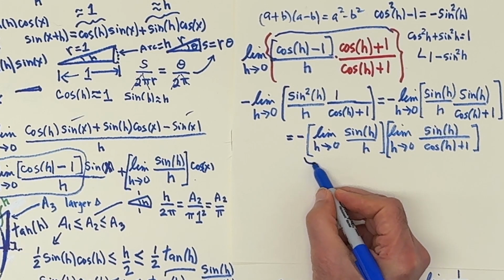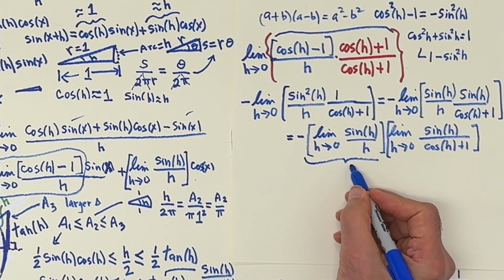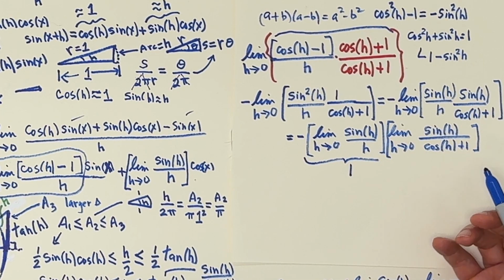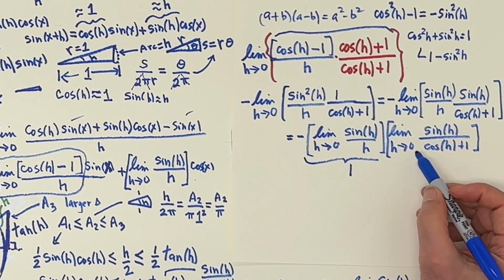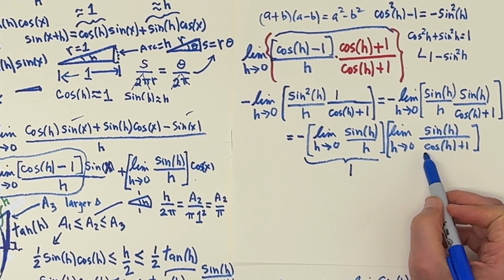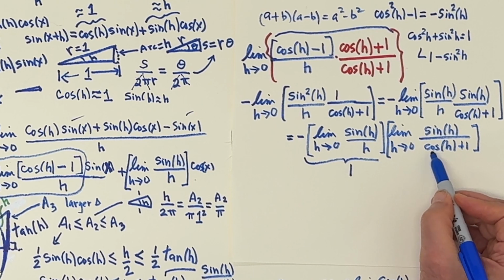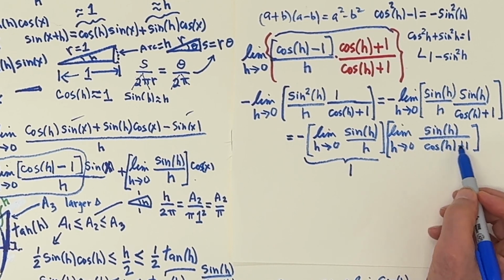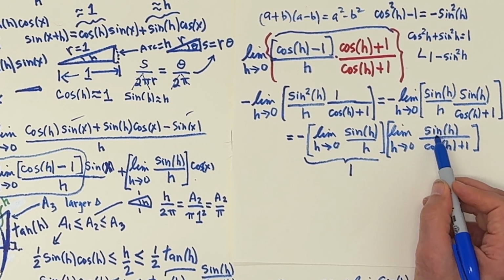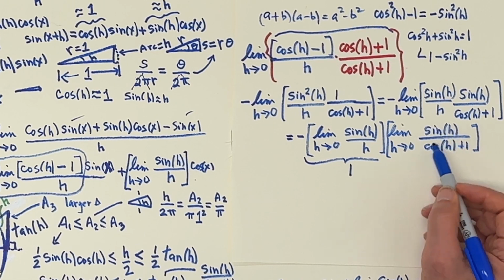Now this one we already figured out is 1. Now this one we can do because we could put the 0 in and you'll have cosine of 0 is a 1, so you'll have 1 plus 1 is 2. And when you put the 0 in for the h, you get 0.